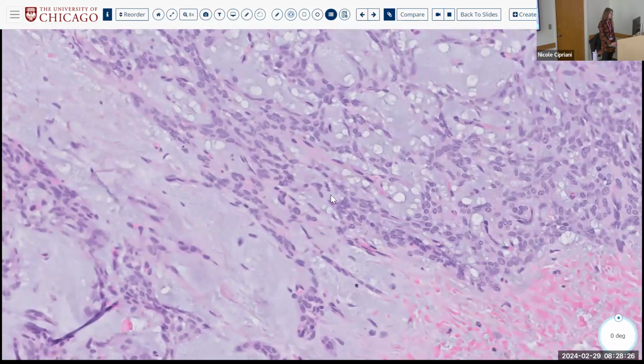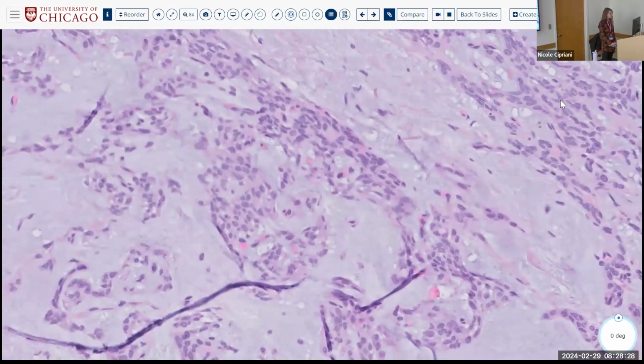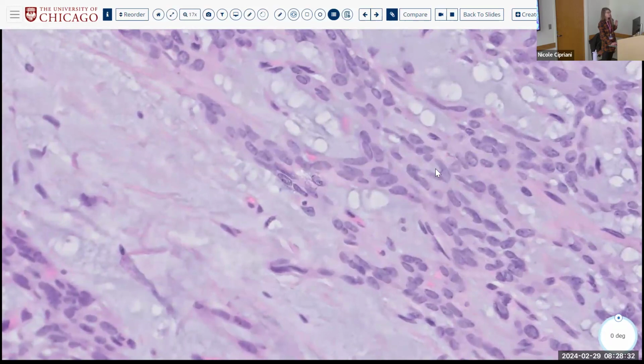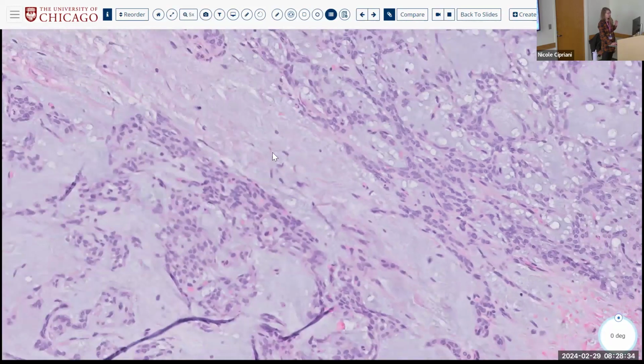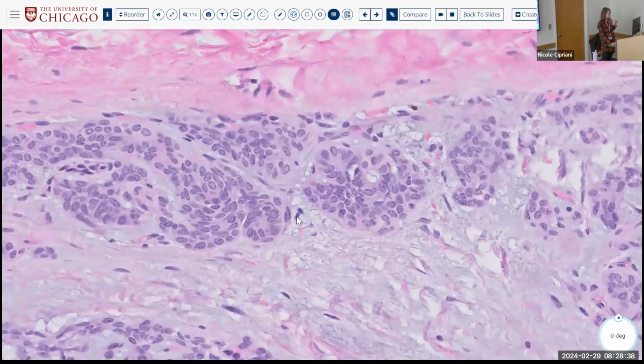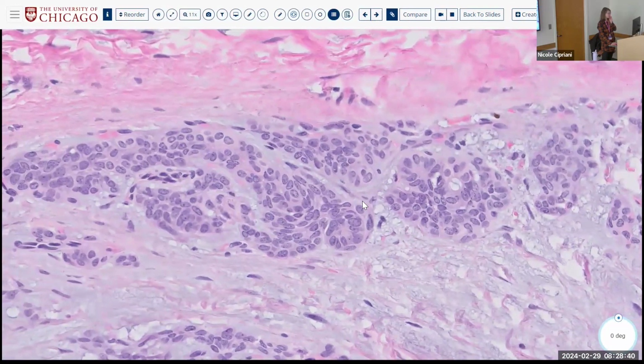Low-grade mucoepidermoid? Well, in order to diagnose mucoepidermoid carcinoma, we need to see intracytoplasmic mucin, not just stromal mucin. So do we necessarily think we see intracytoplasmic mucin?